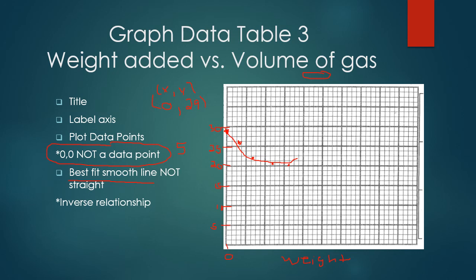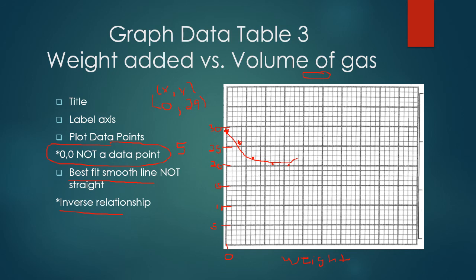Now, when you're doing a smooth line, a curved line, this is an inverse relationship. So as the weight is increasing, the volume is decreasing. So inverse means if one goes up, the other goes down. And that's what we're seeing in this case. The weight is increasing, the volume in the syringe is decreasing.